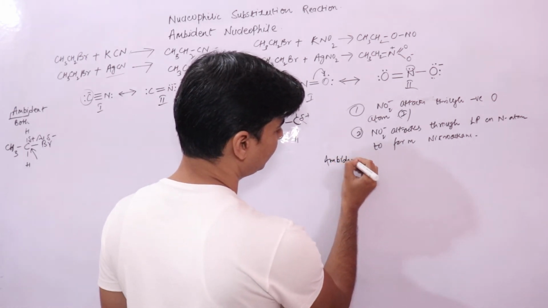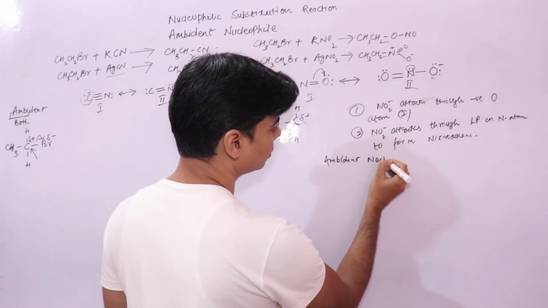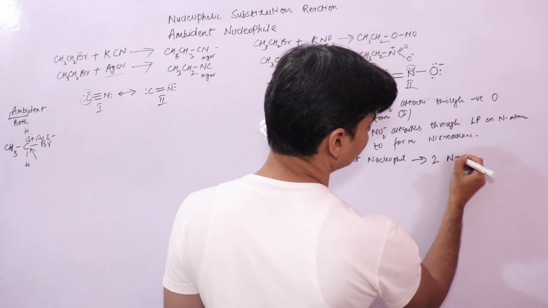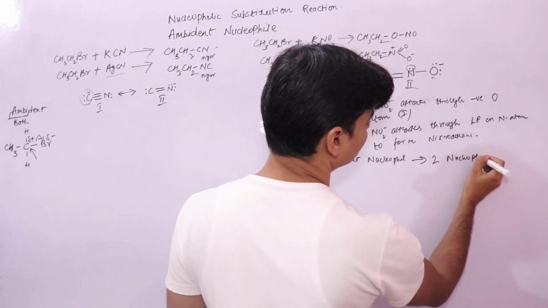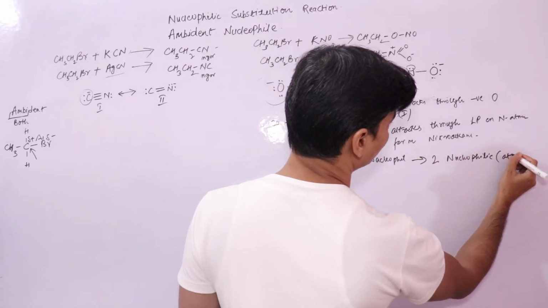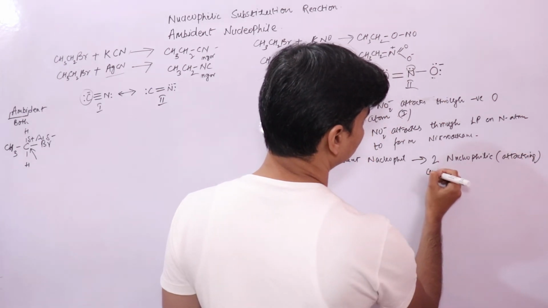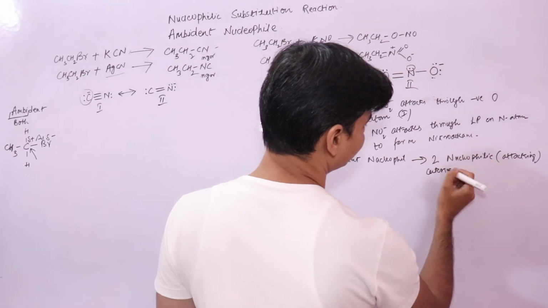This is an ambident nucleophile that has two nucleophilic centers, or what we say is two attacking centers, right?